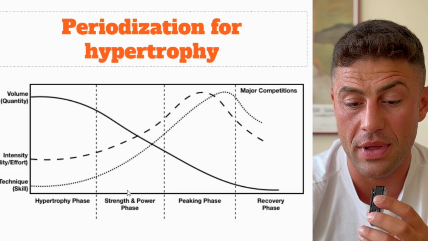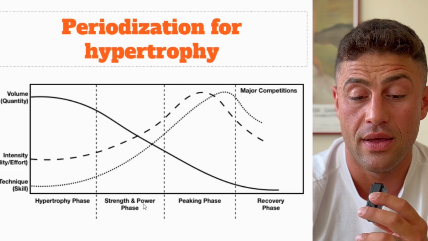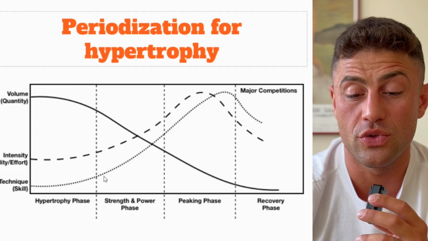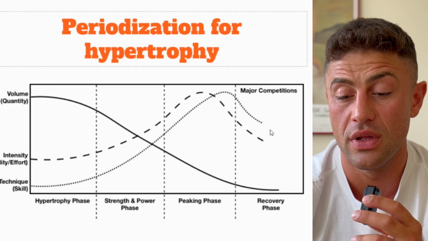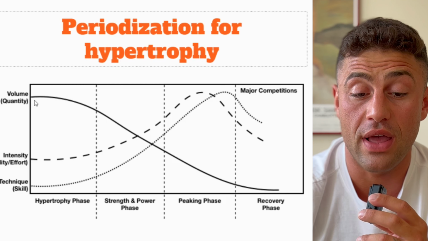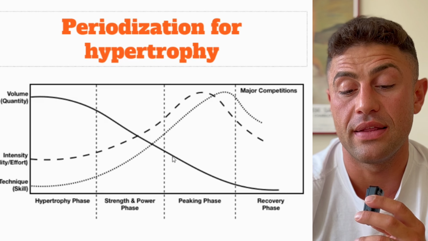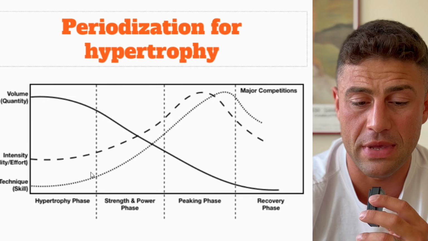So over here there might be off season where they focus on building muscle mass, building strength and power, and then in the peaking phase they probably do less of this stuff and they do more technique. You see the technique and skill training goes up, and then they have a recovery phase. Or in powerlifting where they train with higher volume and then they decrease the volume and do singles and they go into the powerlifting meet.